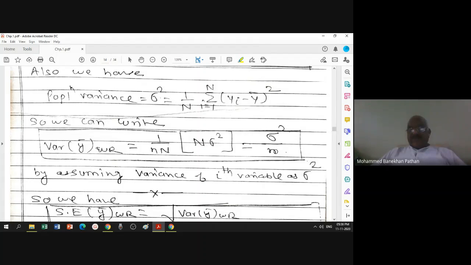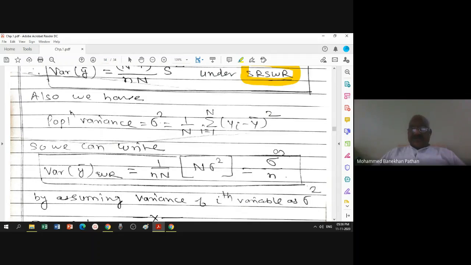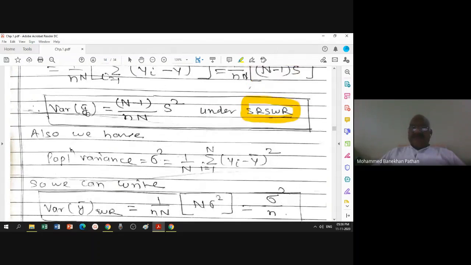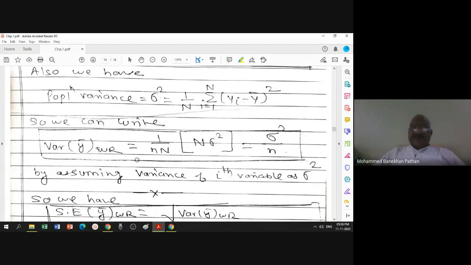So you have two results with you now. One, variance of sample mean in terms of S square is like this. And the other, variance of sample mean under with replacement in terms of population variance. These two things are separate.